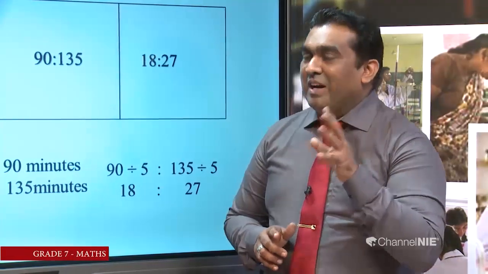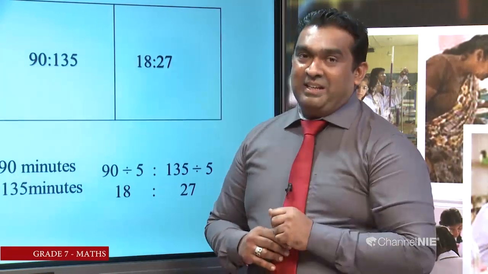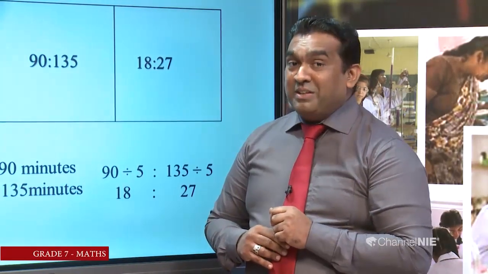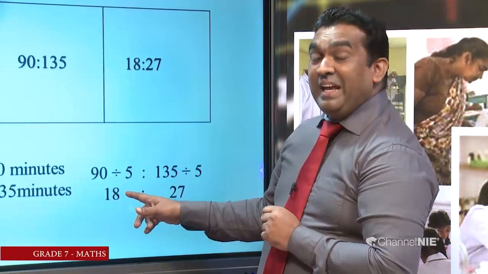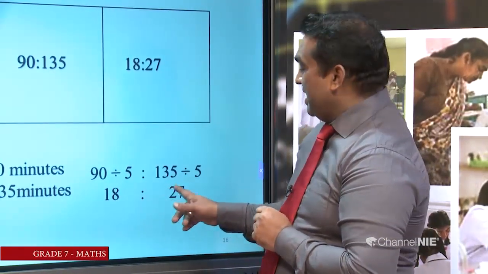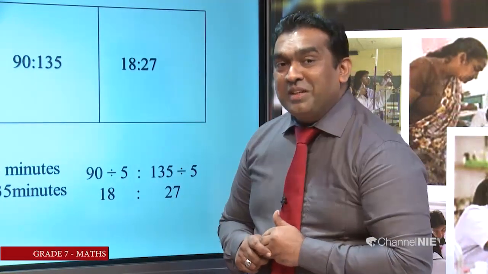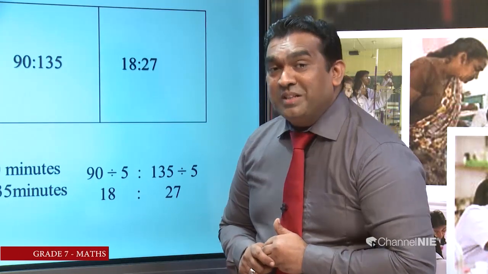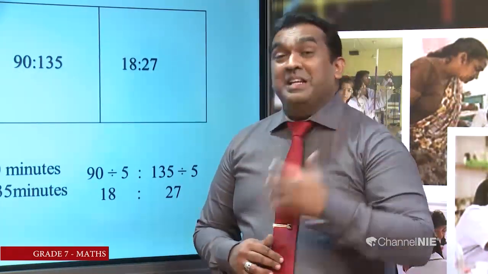Furthermore, you can divide 18 and 27 again by, what is the number? 3. Then, how many 3's in 18? 6. How many 3's in 27? 9. But it is easy if you use 9.